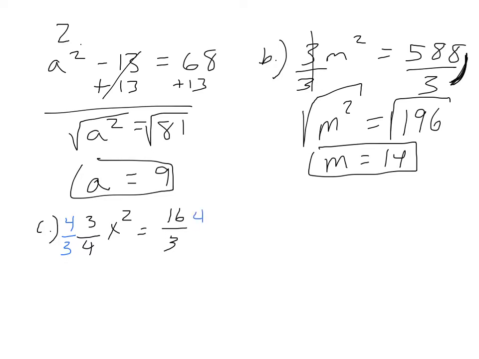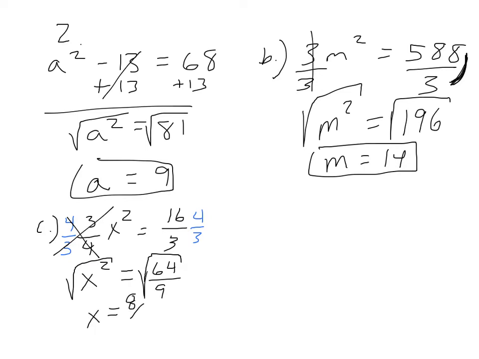So let's multiply its reciprocal on both sides. This way we'll have just the x squared left on the left, and on the right side we'll have 64/9. By golly, that's looking good. When we square root each one of these sides, it's the same as square rooting the top and square rooting the bottom. The square root of the top is 8, the square root of the bottom is 3.